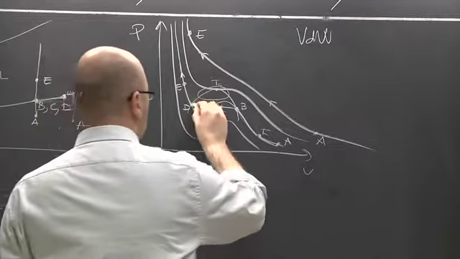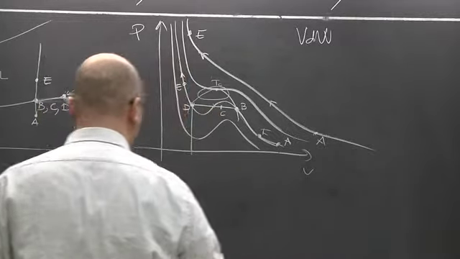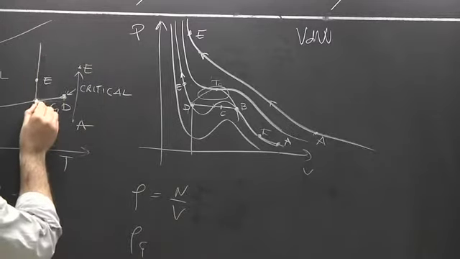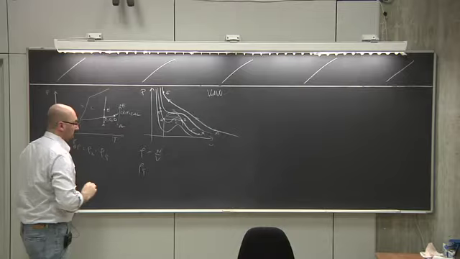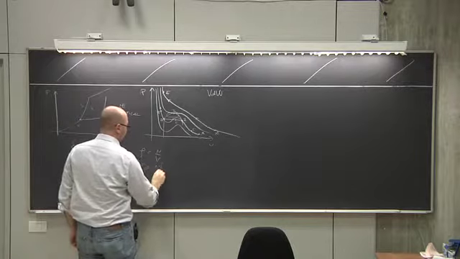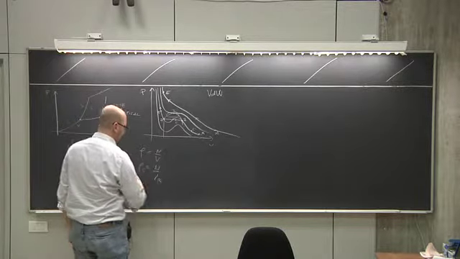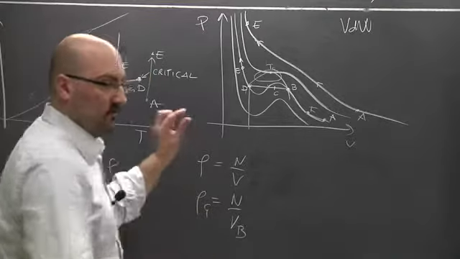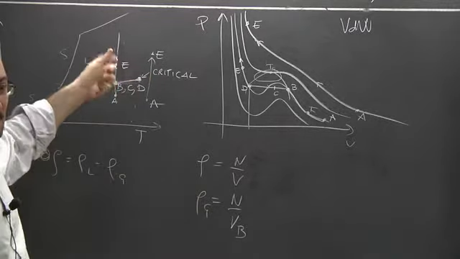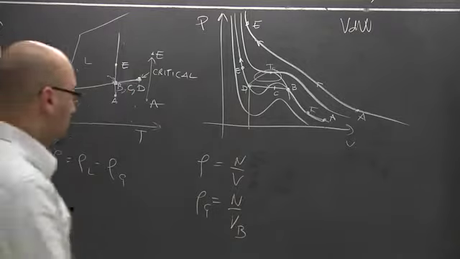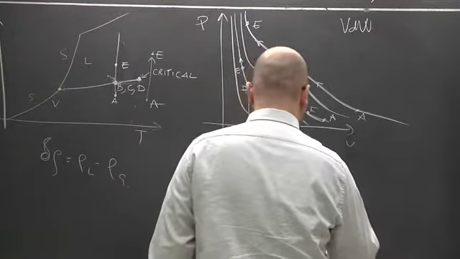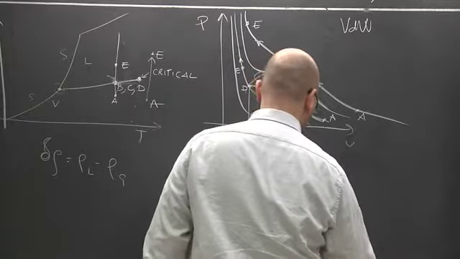So the density of the gas here is N over VB. The density of liquid here, so on the same point, on the two sides of the line, is N over VD.